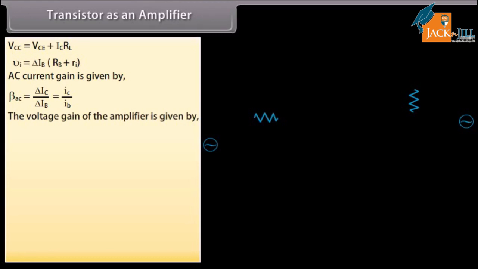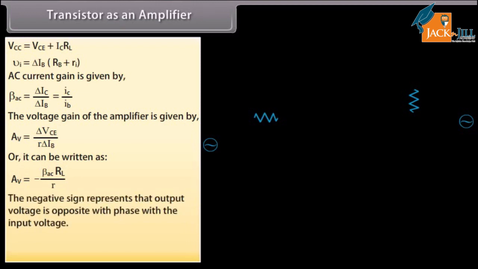The voltage gain of the amplifier is given by AV is equal to delta VCE upon R delta IB, or it can be written as AV is equal to minus beta AC RL upon R. The negative sign represents that the output voltage is opposite in phase with the input voltage. The power gain of the amplifier is given by AP is equal to the product of beta AC and AV.